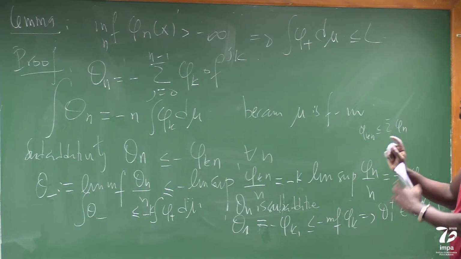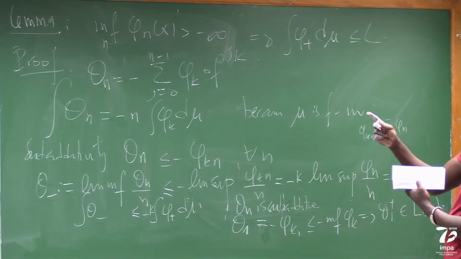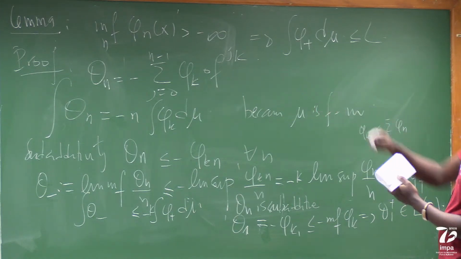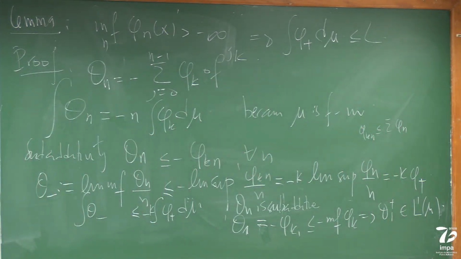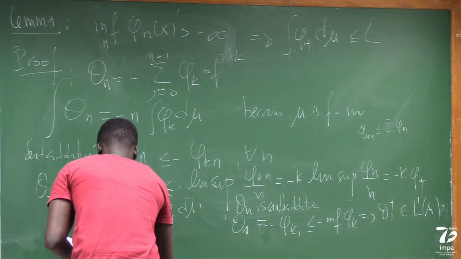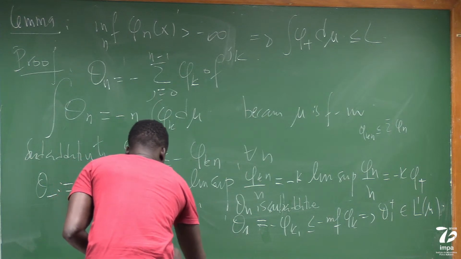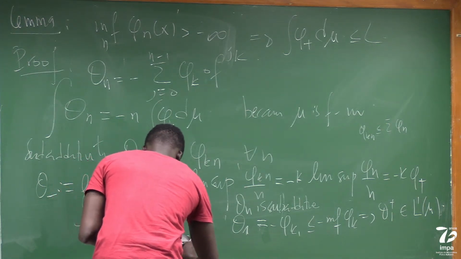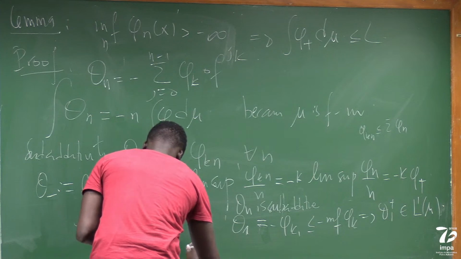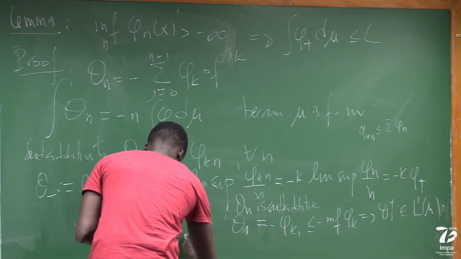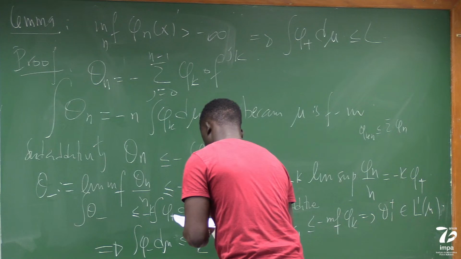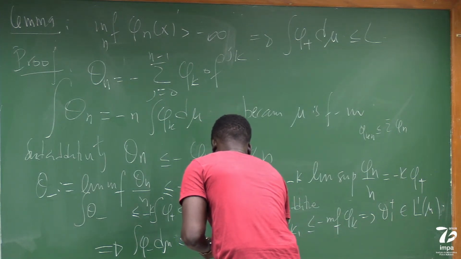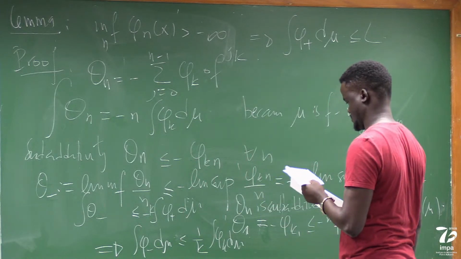So if you have this, you can use the first part of Kingman, and you will have that the integral of phi minus d mu is less or equal to 1 over k times the integral of phi k d mu, phi plus, sorry.